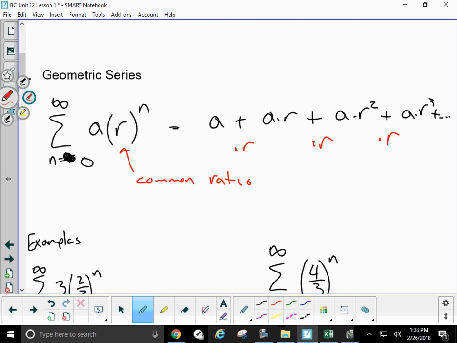We would say that the next term, a sub n plus 1, divided by my previous term, a sub n, is my common ratio, that's r. If I take ar squared and divide it by ar, I get r. Okay, some examples.